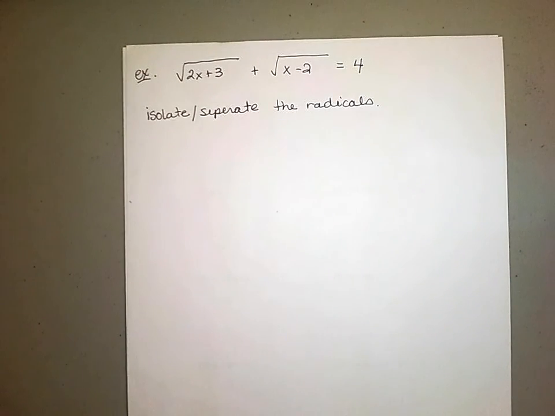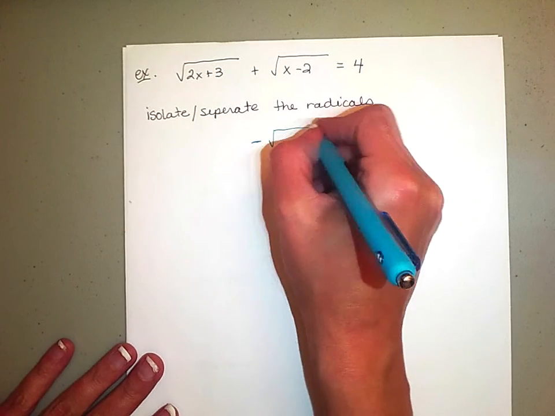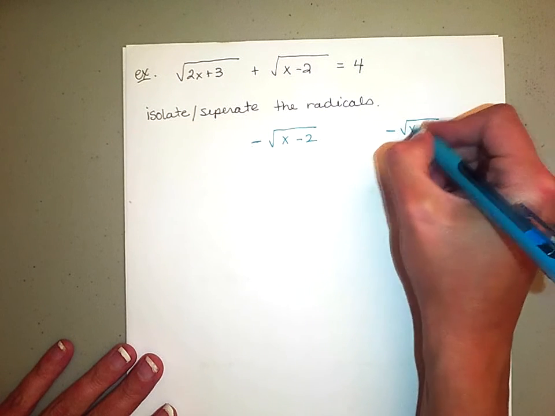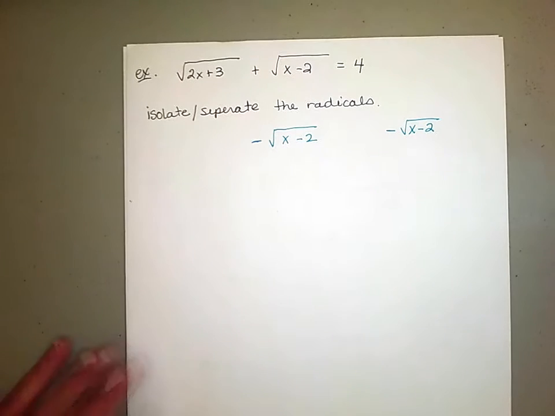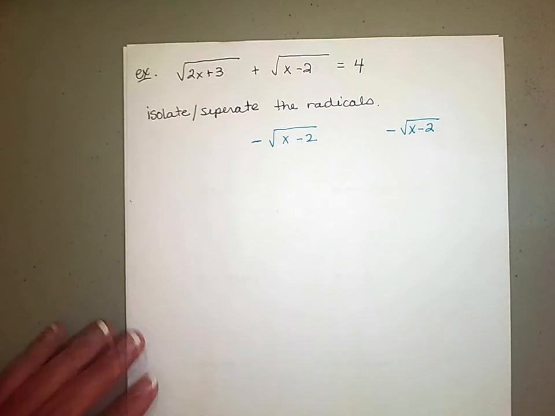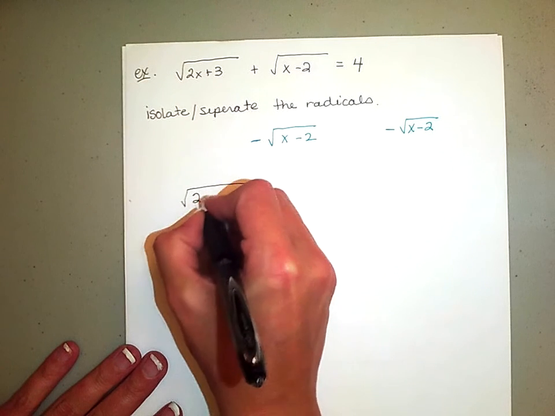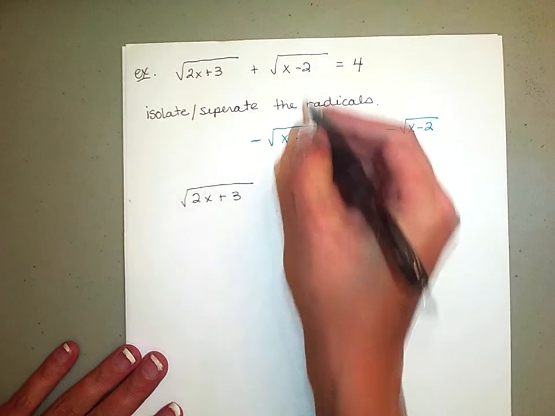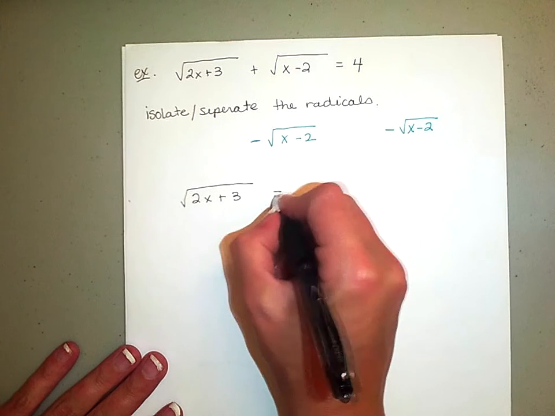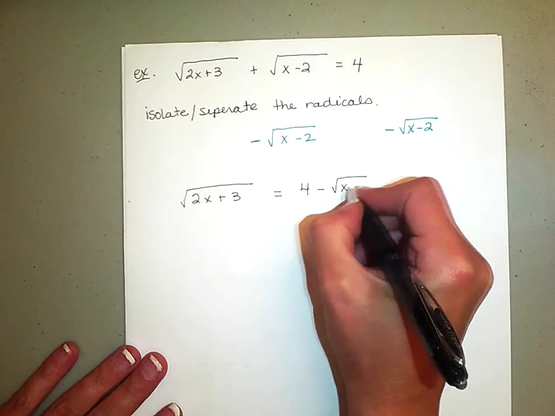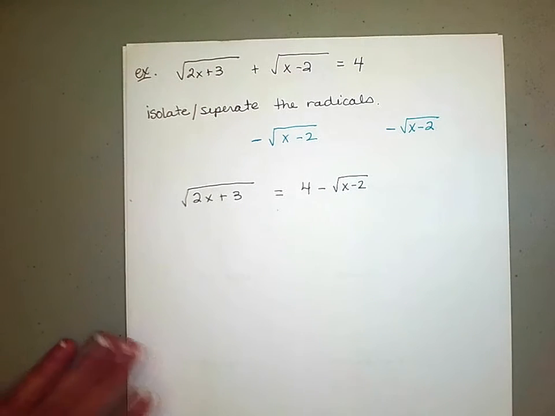So to do that, I'm going to subtract the square root of x minus 2 from both sides. So the left-hand side will now look like the square root of 2x plus 3. This goes to 0, is equal to 4 minus the square root of x minus 2.